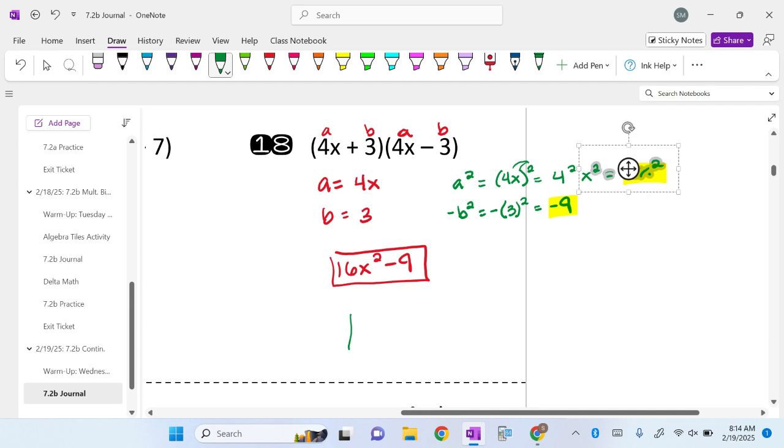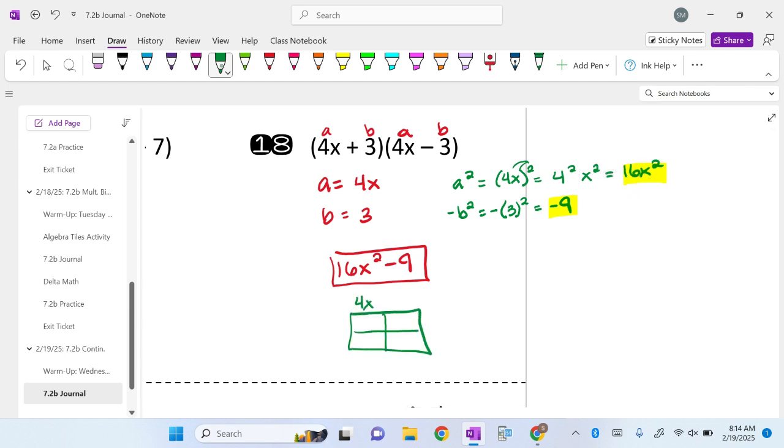Which, if I did a very quick box method, and I'm just going to do this one quickly on my own: 4x times 4x, 16x squared. 3 times 4x is 12x. 4x times negative 3 is negative 12x. Negative 3 times 3 is negative 9.